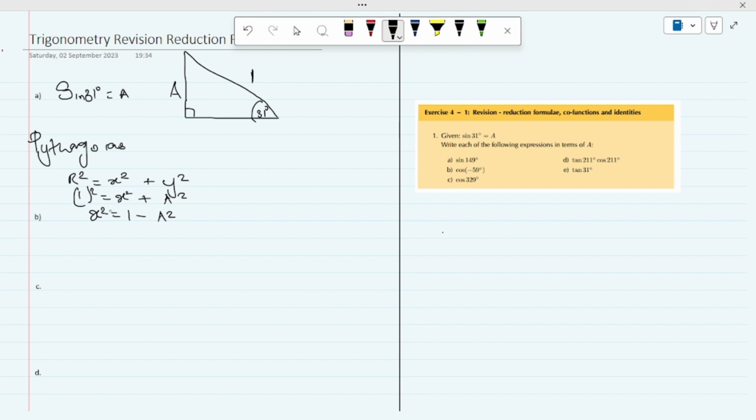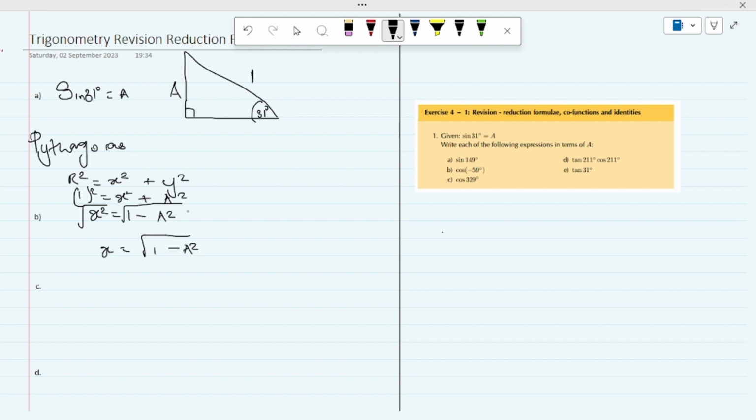Since we are looking for the value of x, not the value of x squared, we square root the whole thing. So x is equal to the square root of 1 minus a squared.